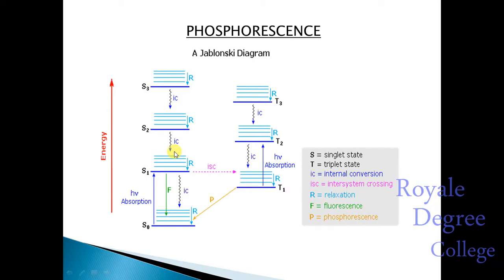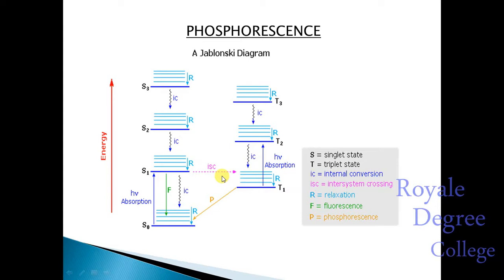After that, here you can see R also, that is the relaxation state. And from S1, if it comes back to the ground state, it is mentioned here as F, which is nothing but fluorescence. And from the S1 state, if the electron moves towards the T1 state, it is mentioned as ISC, which is nothing but intersystem crossing.